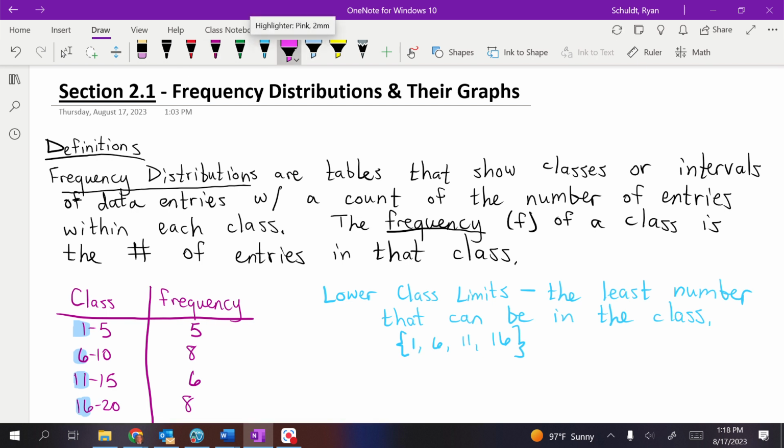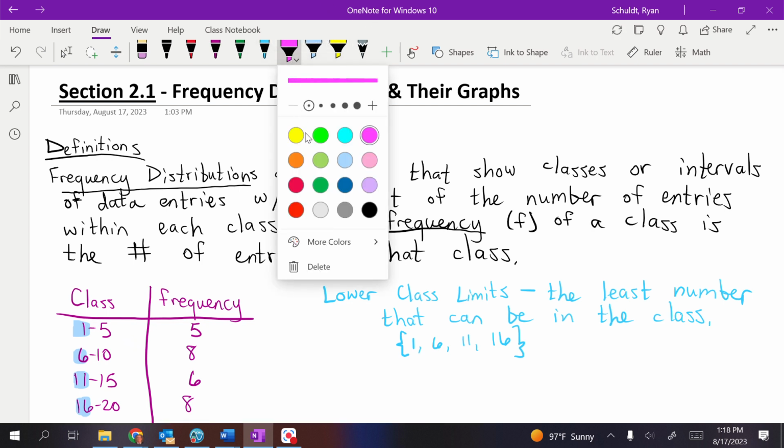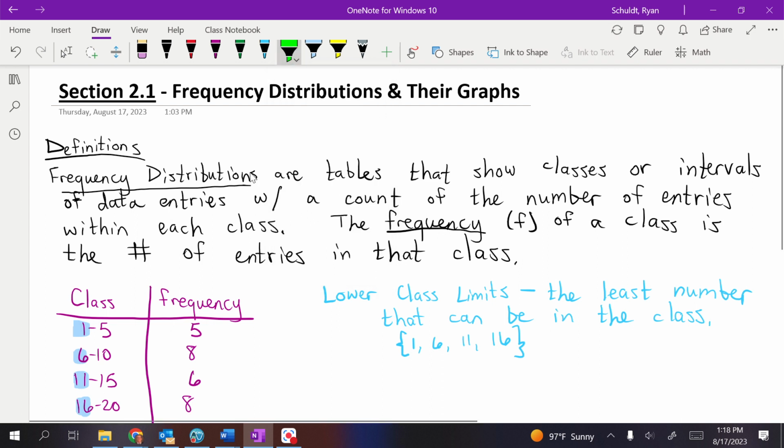Then we have the opposite end. That's not a good color to highlight in. Let me try maybe a green. There we go. 5, 10, 15, 20.